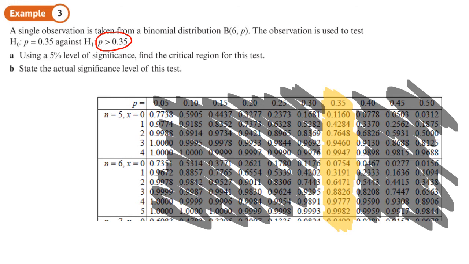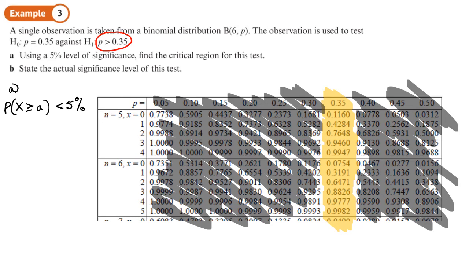This means we're trying to find a value of x, let's call it a, where the probability of greater than that is less than 5%, where the observed value is dropping below 5%.